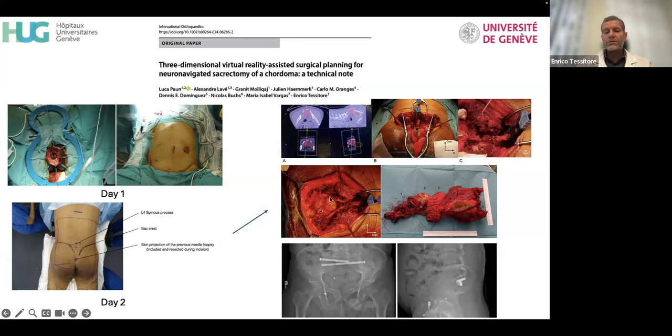And at the end of surgery, you might see the tumor is out. This is the colon here, and the 2 sciatic nerves, S1 nerve for both sides, which were preserved with a marginal resection or near marginal resection, and the stabilization of the pelvis was obtained by navigated iliosacral screws.